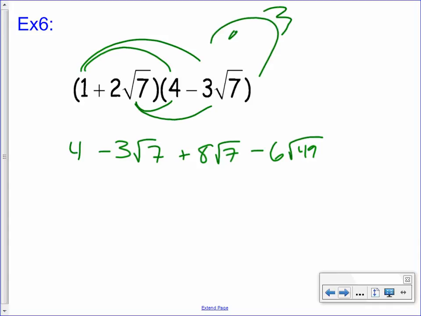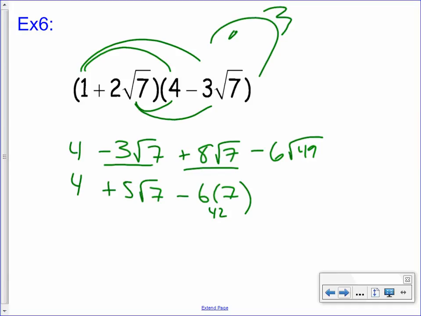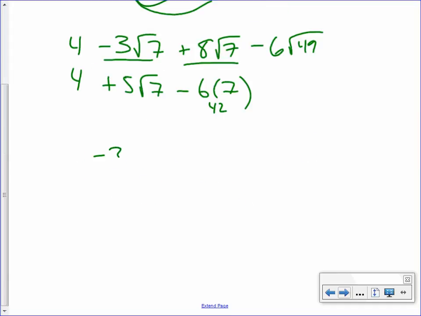Green chicken, because green means go. 4 minus 3, yes, like terms. So plus 5 root 7 minus 6 times 7. 6 times 7 is 42. It is negative 38 because it's 4 minus 42, which is negative 38, plus 5 root 7.